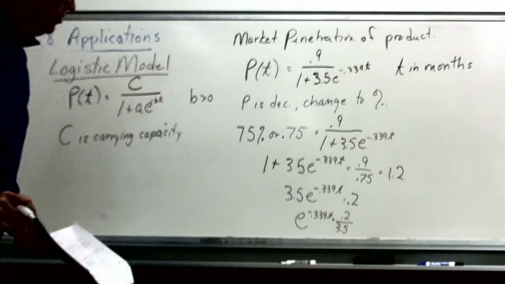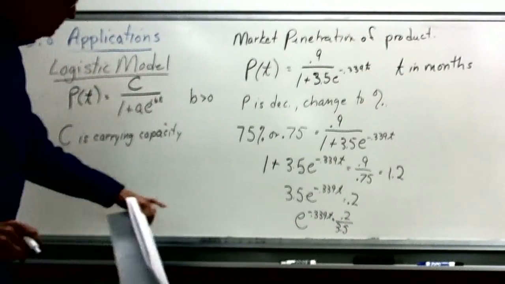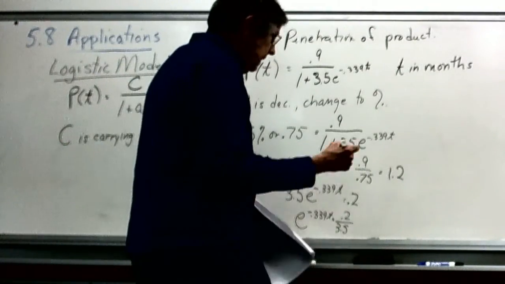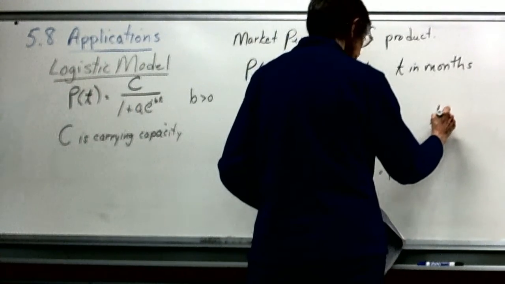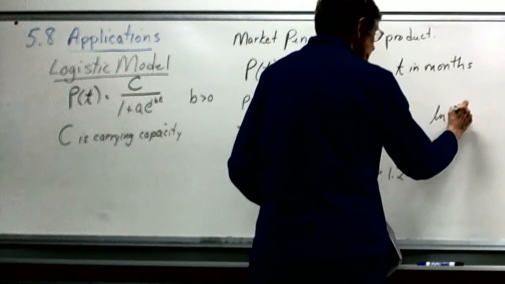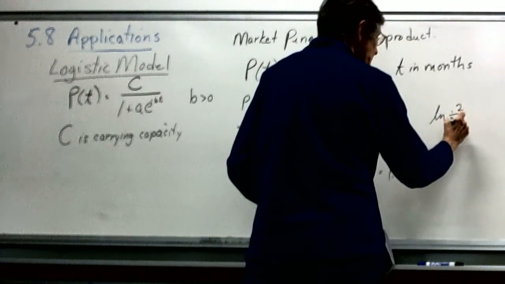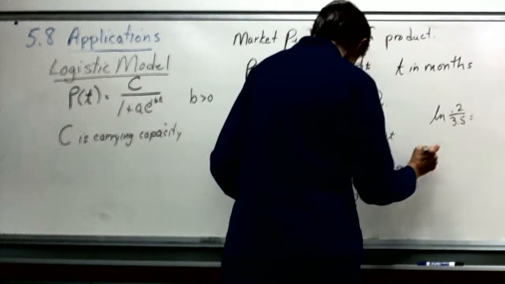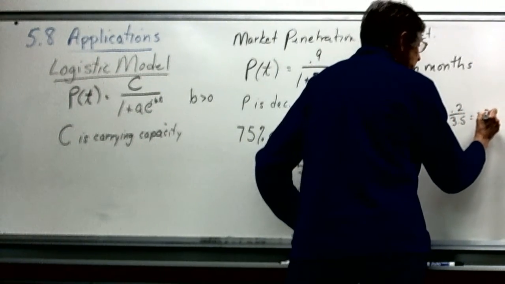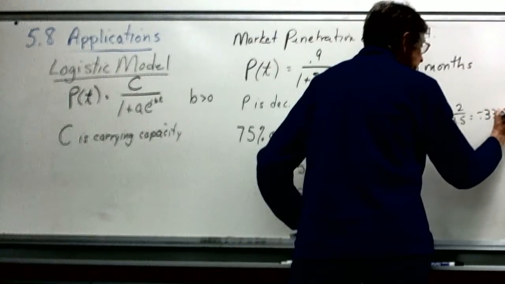And then I can change to the natural log statement. I've isolated e, so we have the natural log of 0.2 over 3.5 equal to minus 0.339 t.